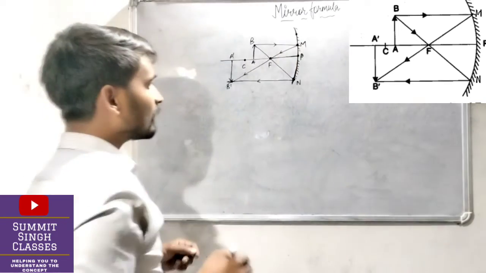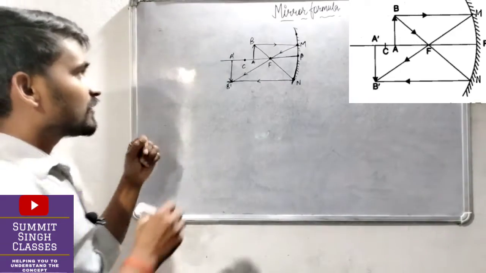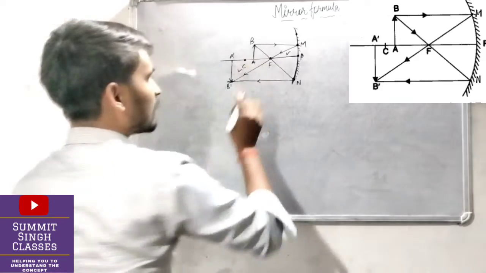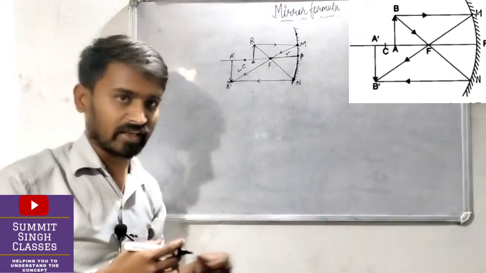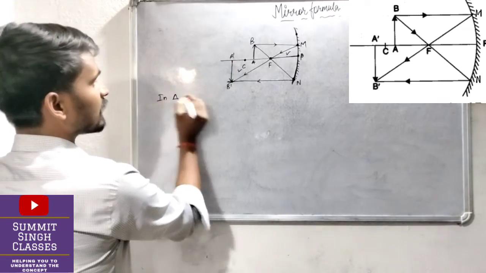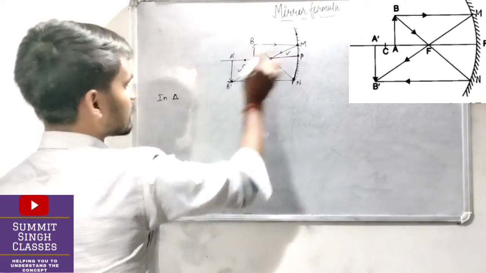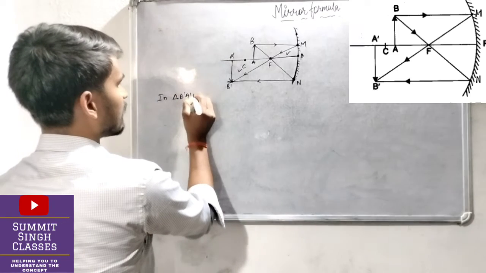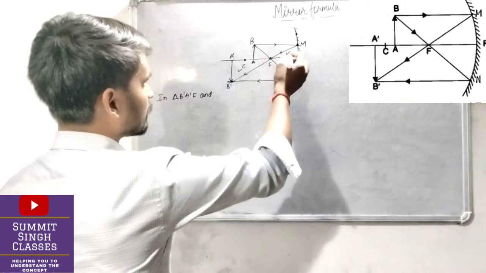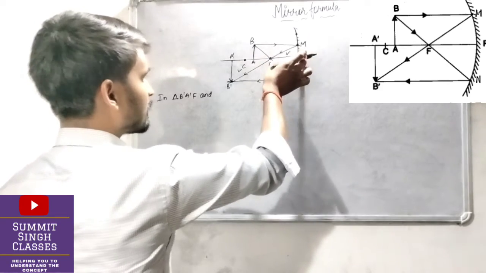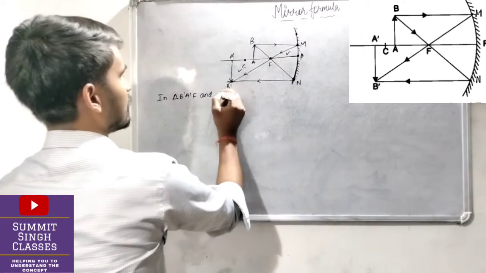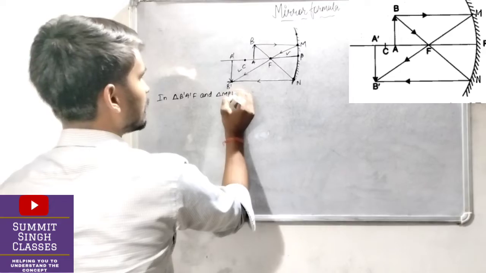Then you can understand that we have two similar triangles, this triangle and this triangle. How it can be, I am explaining it. In triangle B dash A dash F, and the other triangle, MPF.